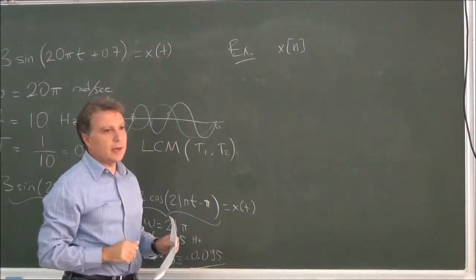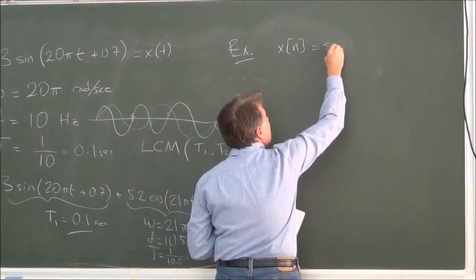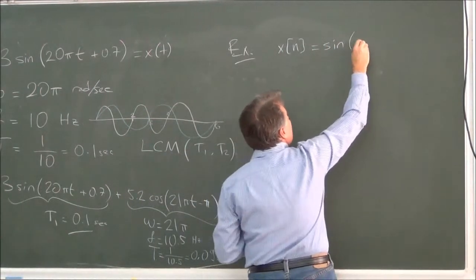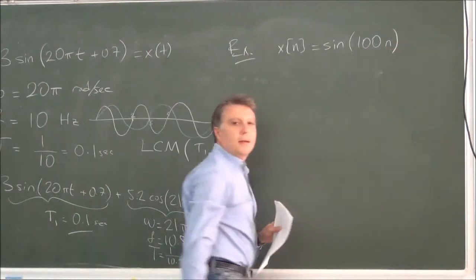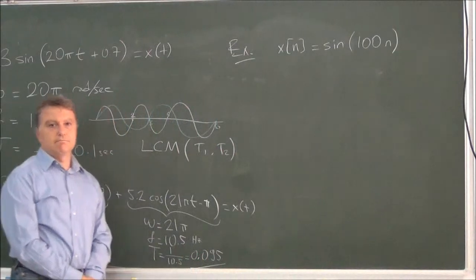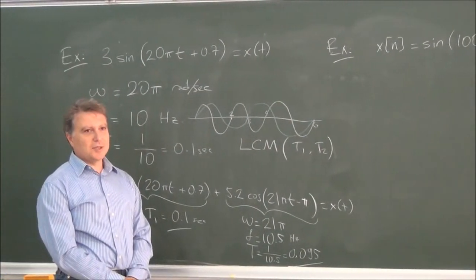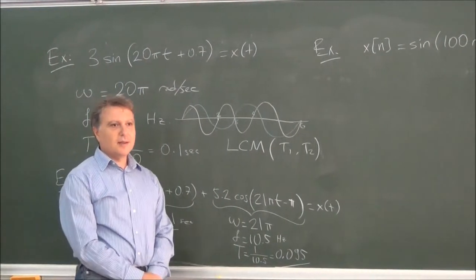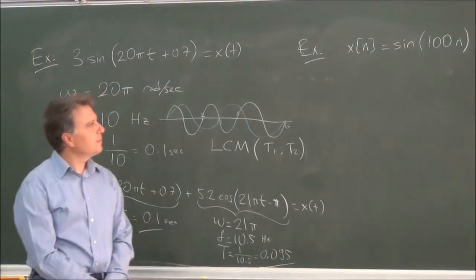Don't say x of t or anything. x of n is equal to sine 100 n. Question, part A: is it periodic? Part B: if yes, what is the period?